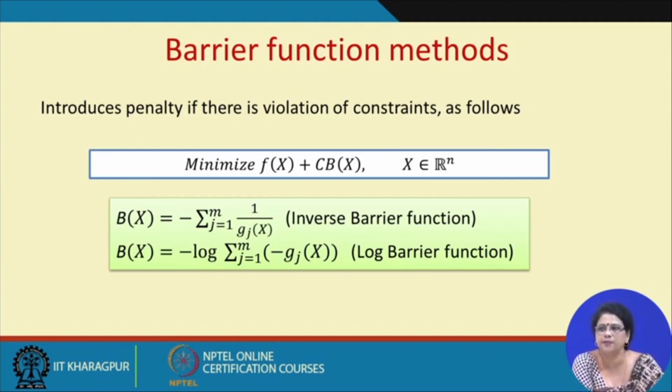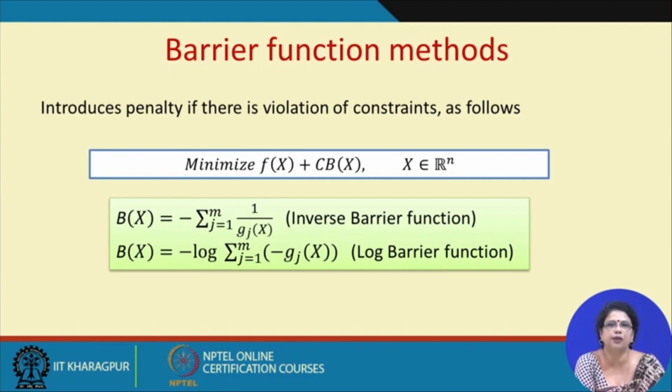That is why within the feasible space g(x) is always less than or equal to 0, but outside the feasible space g(x) is greater than 0. But since we start our sequence from the feasible region only, 1 by g(x) will always be negative, and if we consider minus 1 by g(x), then it will be positive. Alright, this is one of the barrier functions. This barrier function is termed the inverse barrier function.